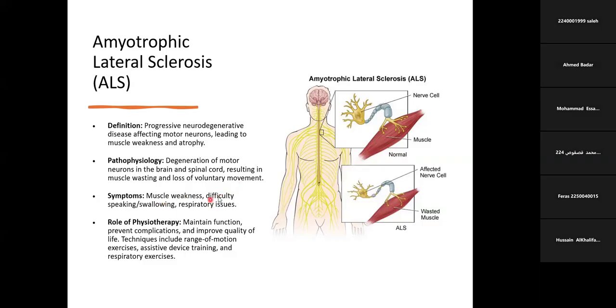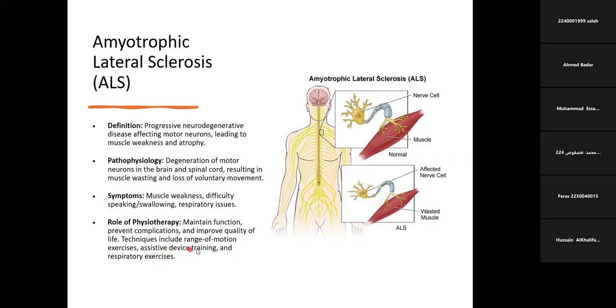Now, muscle weakness, difficulty speaking, difficulty swallowing, problem with respiration. Role of physiotherapy: maintain function, prevent complication, and improve quality of life. Again, range of the motion exercises, assistive device training, and respiratory exercises.